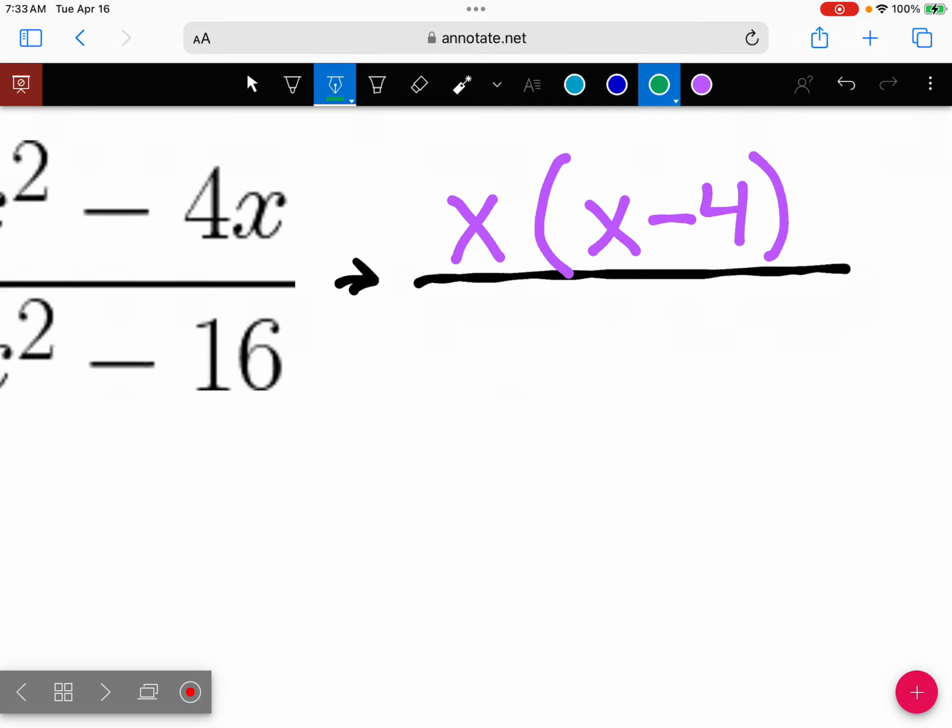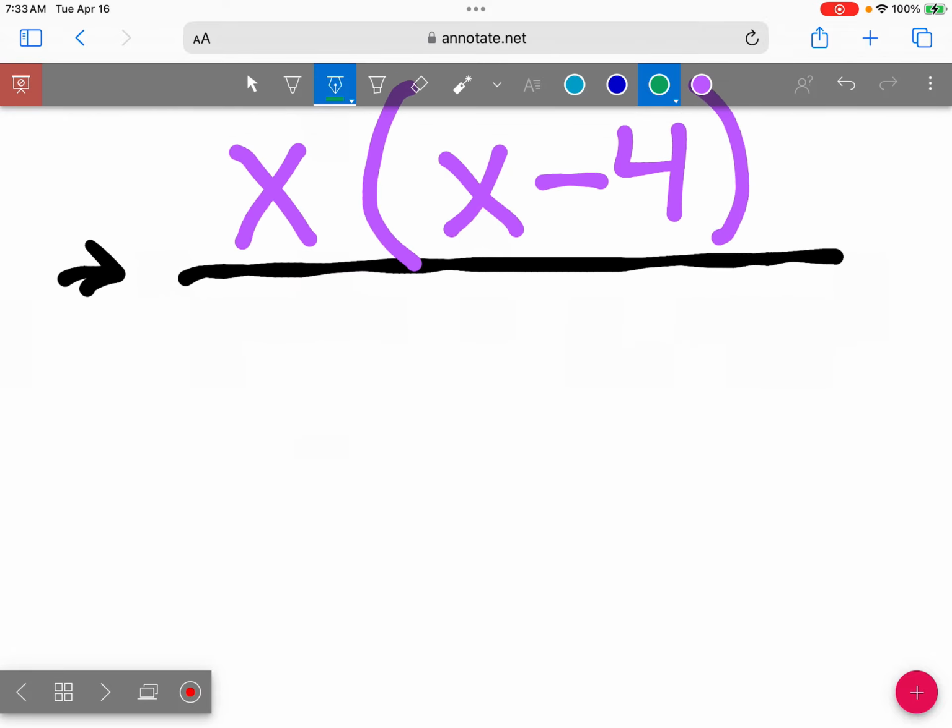In our denominator, what can we do? We can take a shortcut since we don't have a b, and both a and c are perfect squares, this is a difference of squares.